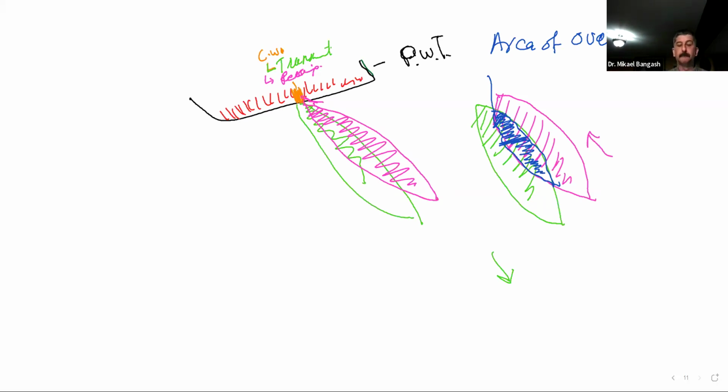Did you guys get that? Now, what I mean is that it's in this area of overlap where the Doppler frequency is recorded.